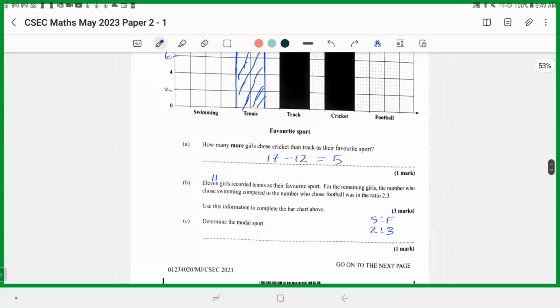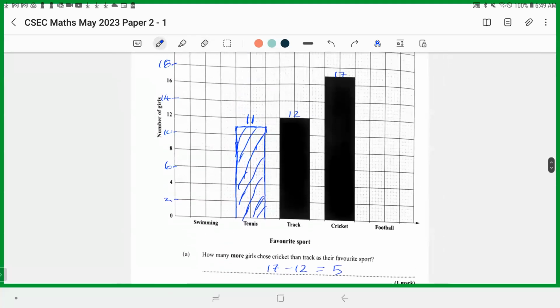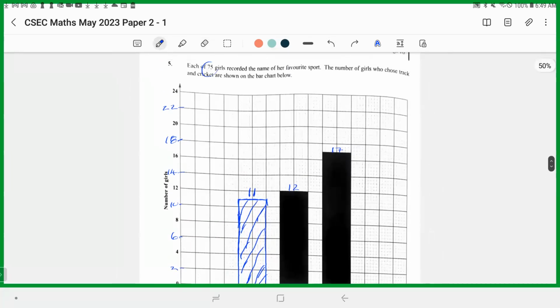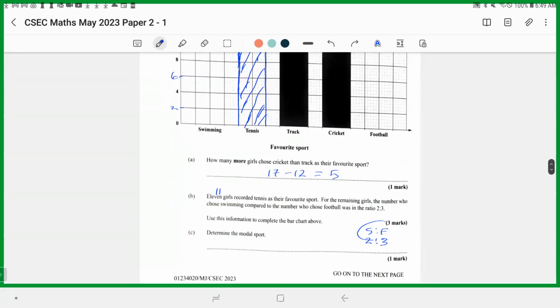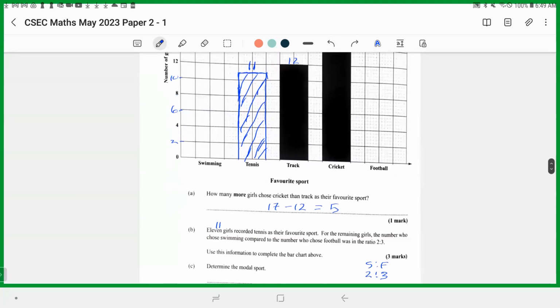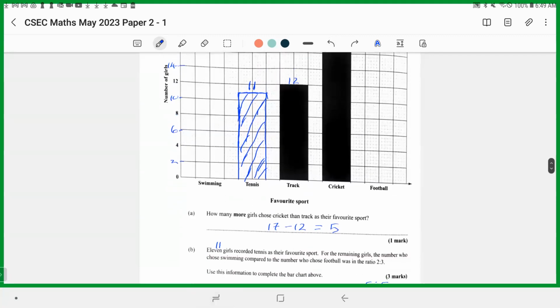The question is, how many girls have we accounted for so far? These. We accounted for those girls so far, and the total number of girls was 75. So let's see how many girls combined for swimming and football first, and they're in the ratio 2 to 3. So let's just calculate it quick.